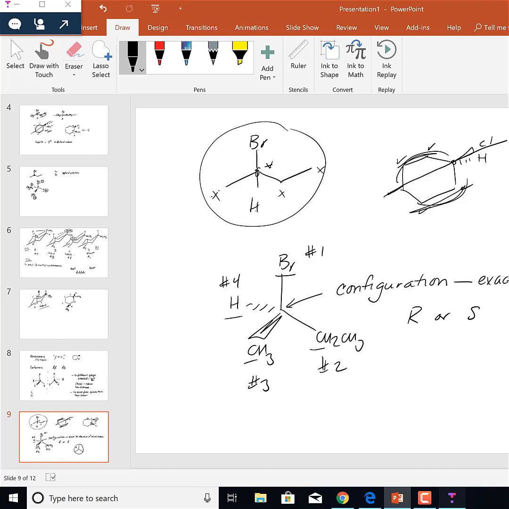So when it is away from me, now what's R and what's S?